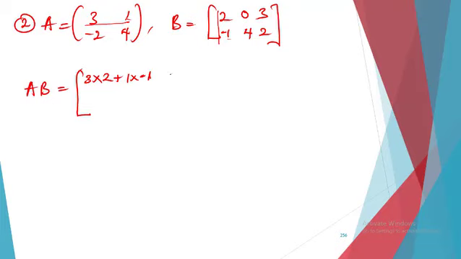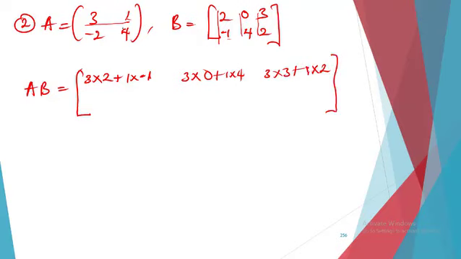Do we understand? So let's continue. Then we have 3 times 0, that is this 3 now, we are going to the second column, plus 1 times 4. Then we go over to the third column. We have 3 times 3 plus 1 times 2.